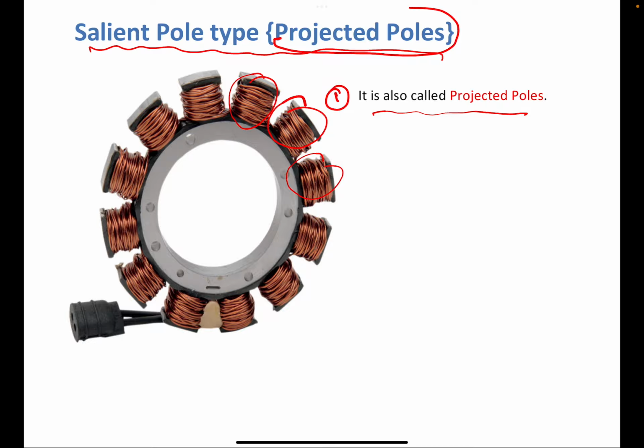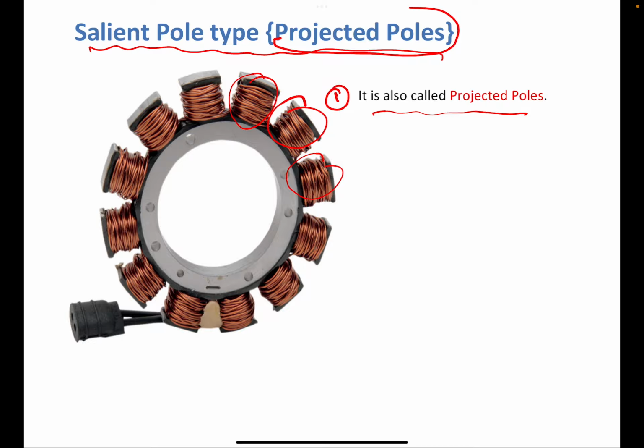So what is the first point here? It is also called salient or projected pole type.